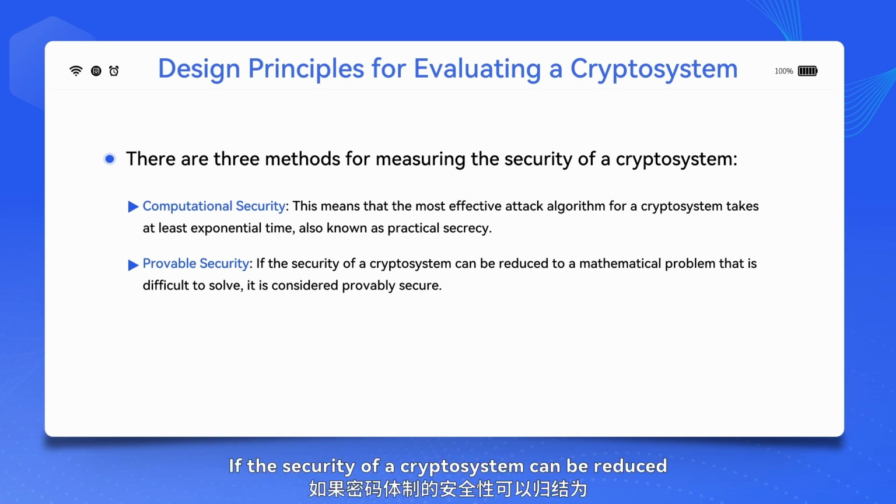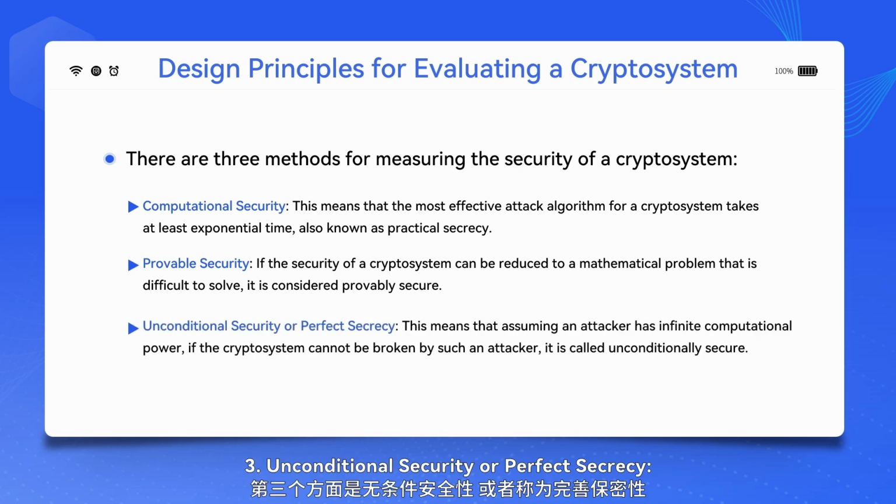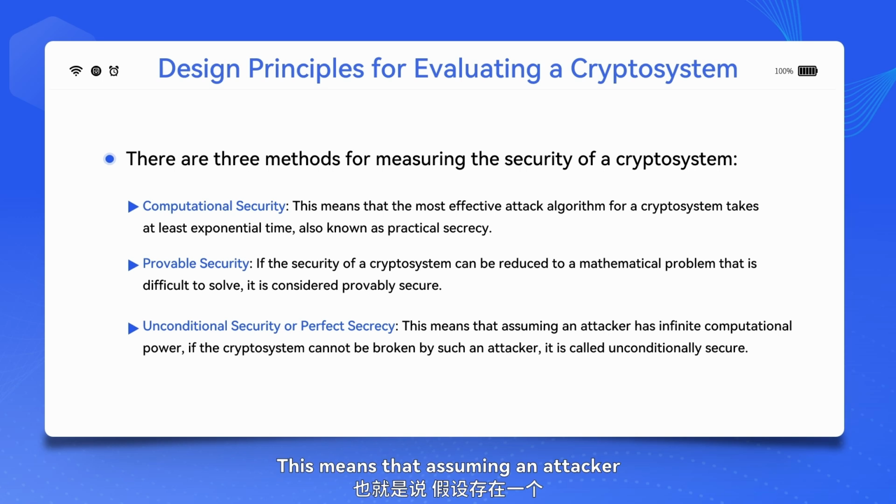If the security of a cryptosystem can be reduced to a mathematical problem that is difficult to solve, it is considered provably secure. 3. Unconditional security or perfect secrecy. This means that assuming an attacker has infinite computational power, if the cryptosystem cannot be broken by such an attacker, it is called unconditionally secure.